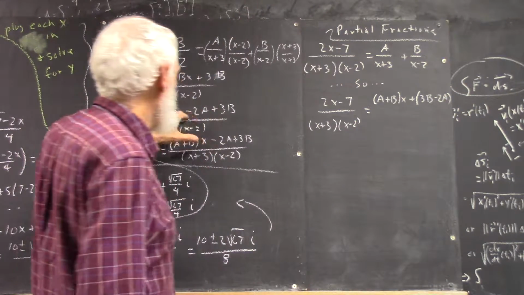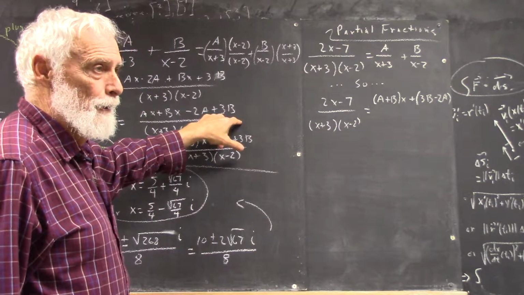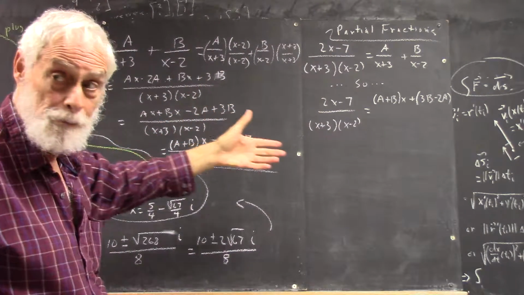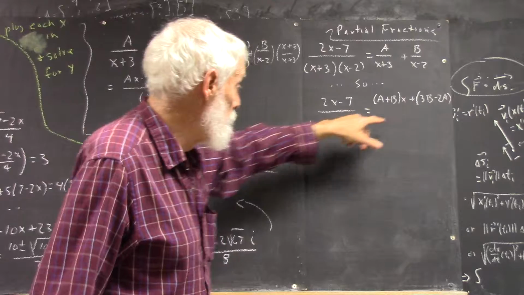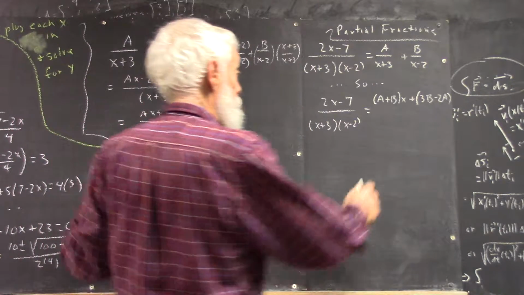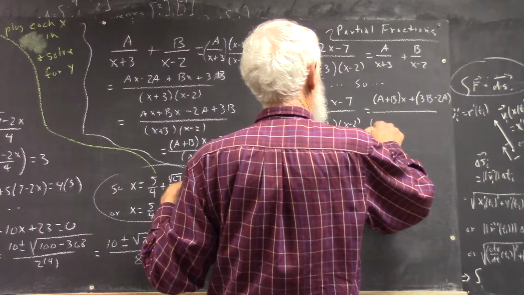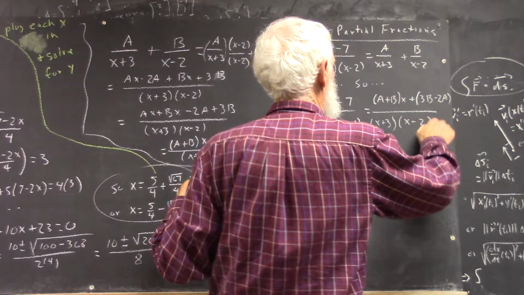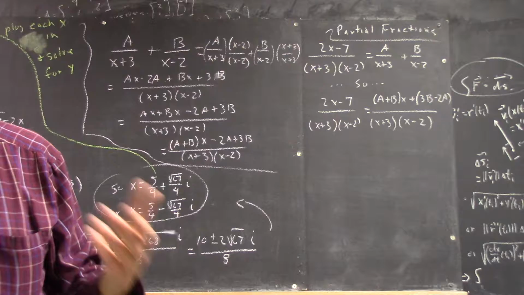Now over here I had negative 2a plus 3b, but I wrote it as 3b minus 2a and put parentheses around it. So that's the only difference between what I have here and what I have down here. So there we have it.